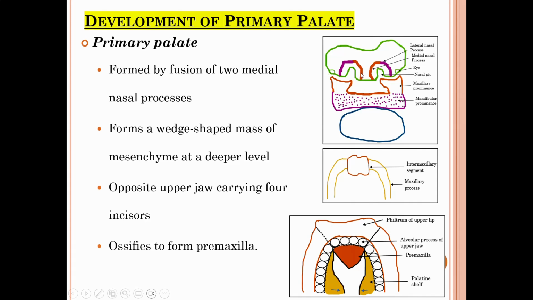You can see here two medial nasal processes are fusing, they are forming the intermaxillary segment, and from this intermaxillary segment three components have come: philtrum of the upper lip, alveolar process of upper jaw, and premaxilla. Okay, this is also known as primary palate. It is a wedge-shaped mass of mesenchyme at the deeper level, and it is opposite the upper jaw carrying the 4 incisors. It is ossifying to form premaxilla.